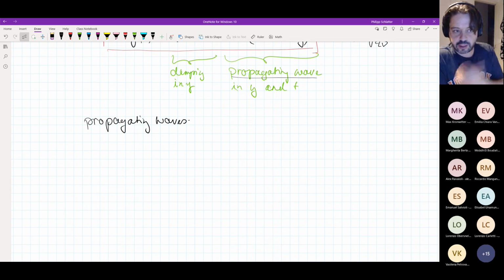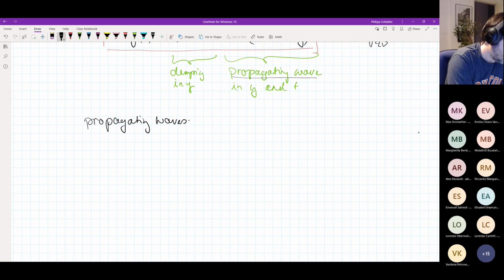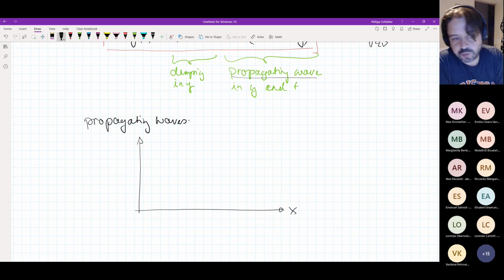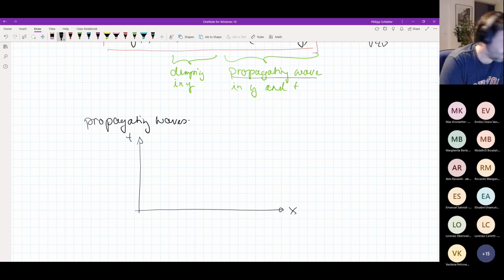So it may be good to recap that very briefly. A propagating wave means that at least I need to have a two-dimensional domain where I have an x. Well, I'm doing it now as a function of x, but of course it could be y, and then I have time here. Well, propagating means that I have something that moves inside this domain.